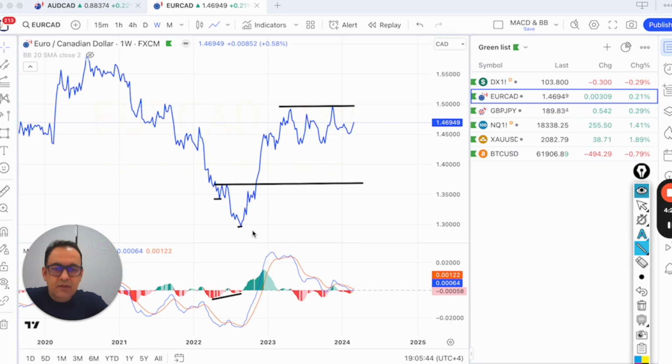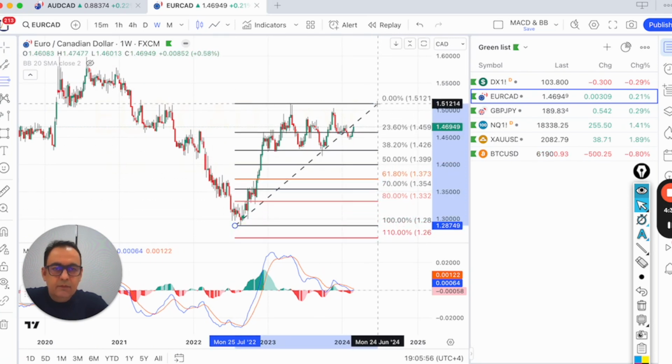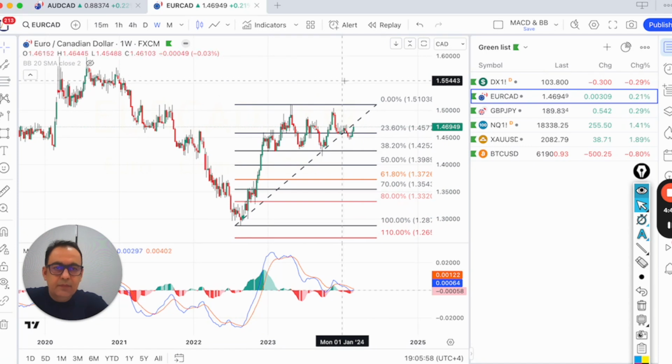Now we can apply Fib starting from the lowest to the highest point of this bullish cycle. Fib retracement picking from the lowest to the highest level.